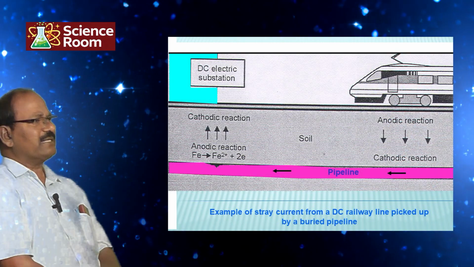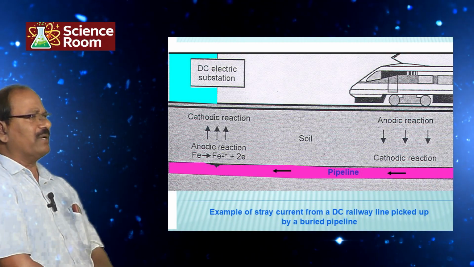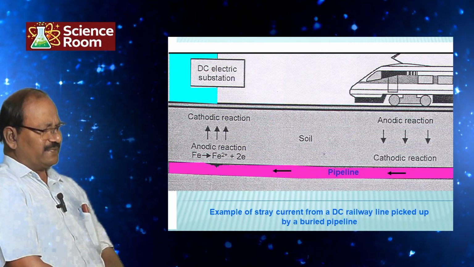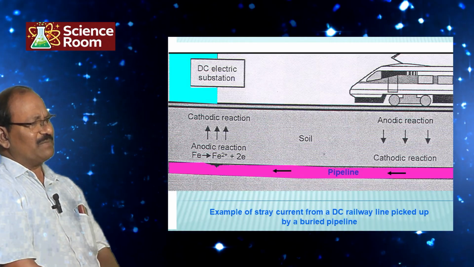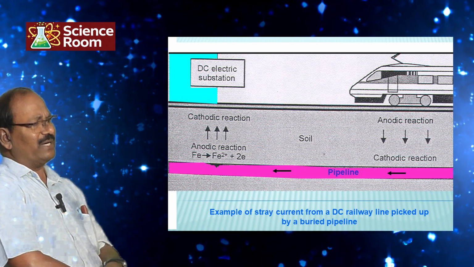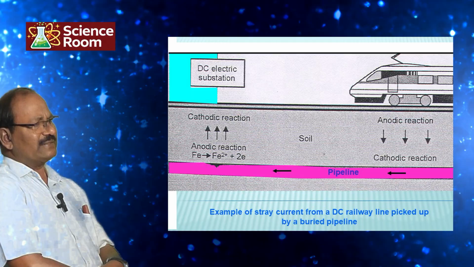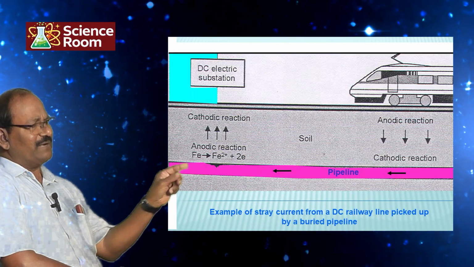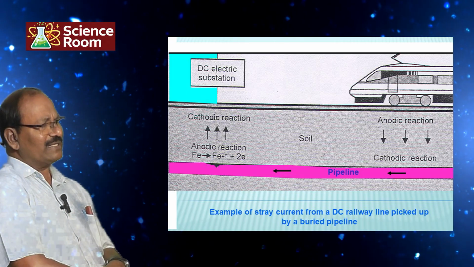See here, this is another type of corrosion. It is called stray current deterioration. Stray current is nothing but the leakage of current. Leakage of current can be encountered when an electric railway line is there. Somehow the earth is being given to the rail at the bottom.